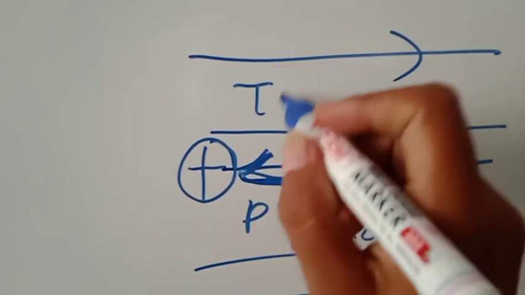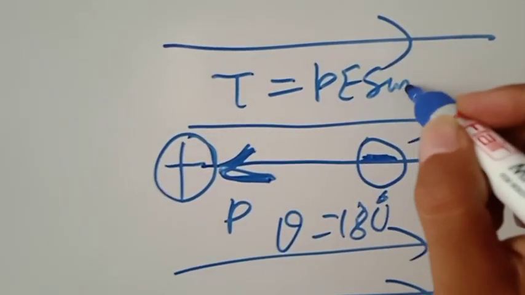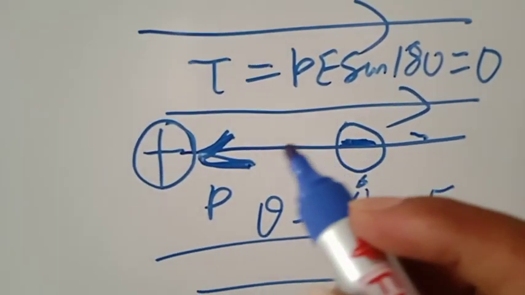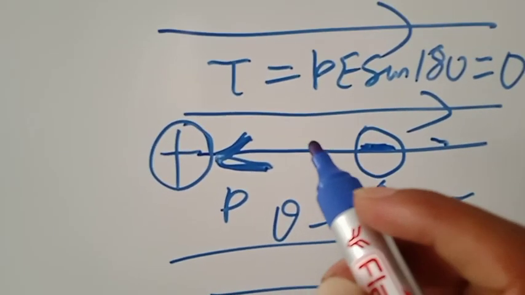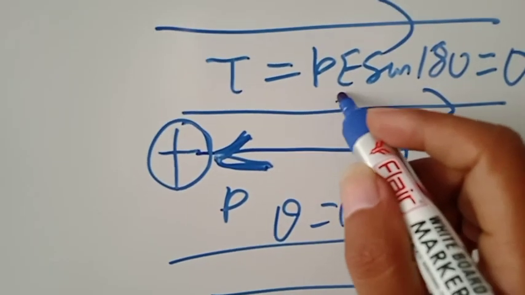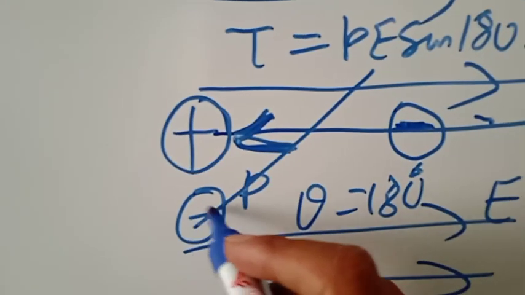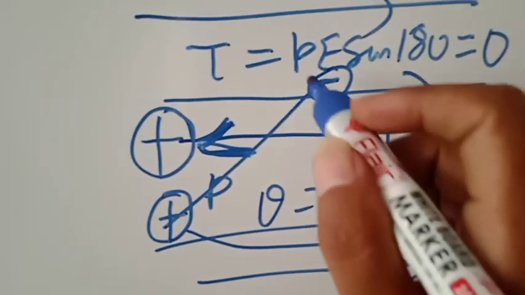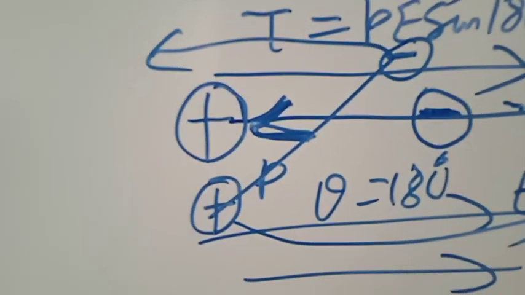Again, torque acting here is 0. We know sin 180 is 0. And this time we call it unstable equilibrium, because if we slightly displace it from its original position, this positive will go this side, negative will go this side, and it will be rotated.